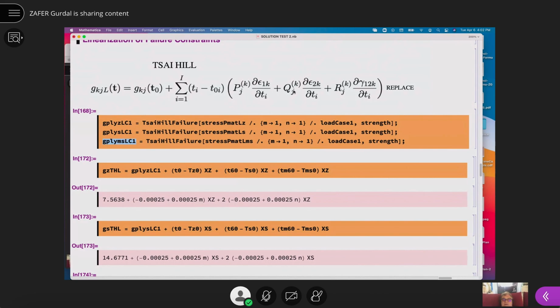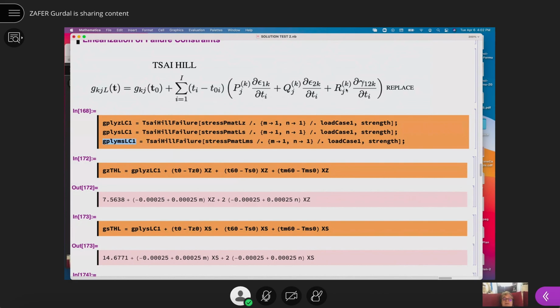Now, this part is summation I from 1 to 3. That's T0 minus T00, T60 minus T6000, T minus 60, T minus 60. Those are there. The only thing is this number here, these three things are replaced by one thing. This thing is replaced by one thing.